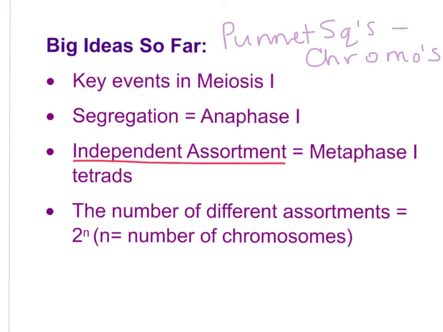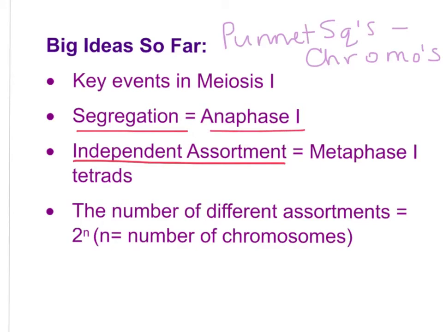Then when we look at anaphase 1, the tetrads are pulling apart. They are segregating. One parent is going to give one allele to the offspring, and the other parent will be contributing another allele because of that anaphase.